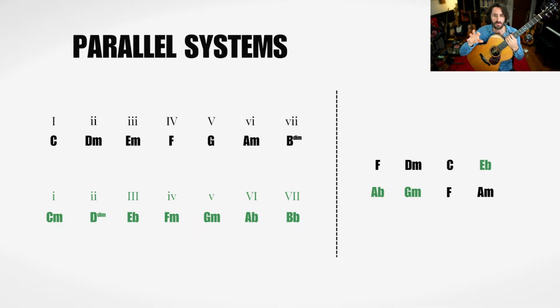Talking with some of our community members about the idea of power positions. This A minor chord here is a power position, and it's a power position because it's the last chord we're being left with in the sequence, and it's going to pull us back around to this F chord here.